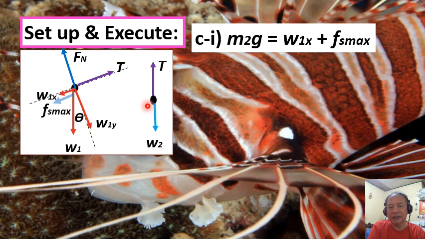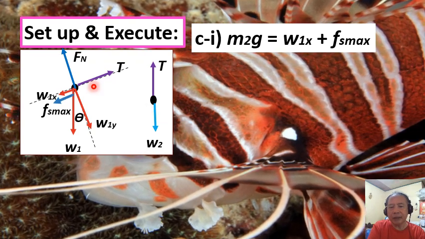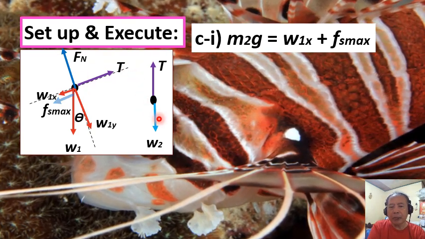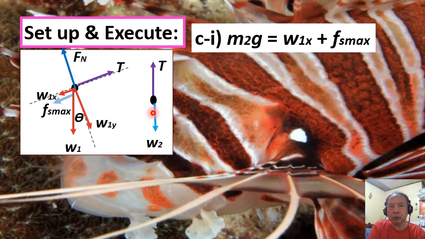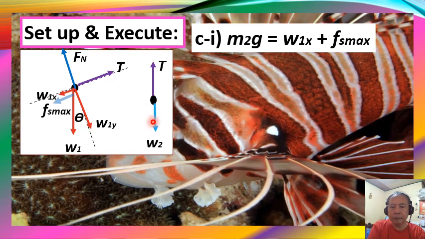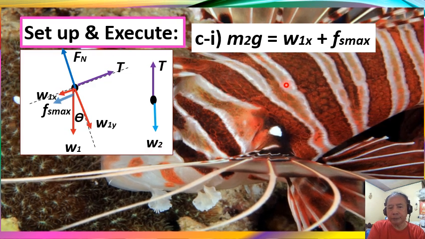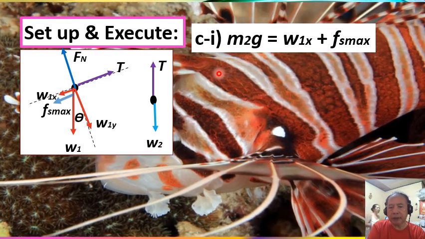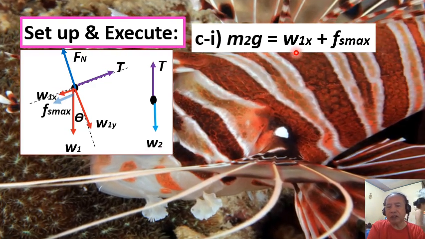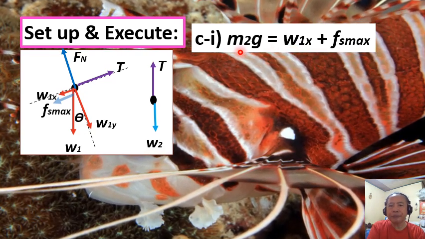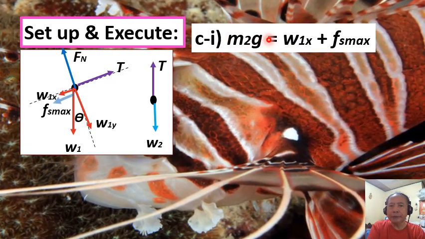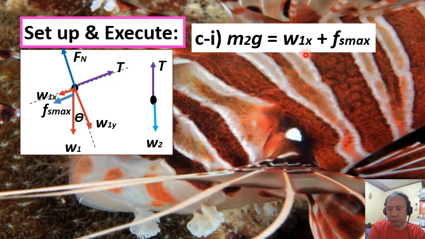And that would mean also that block number 2, or M2, is also just about to start to move vertically down. And that means that the situation is still covered by the law of static equilibrium.